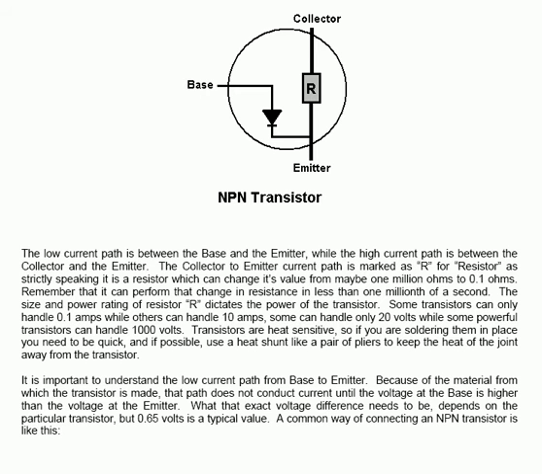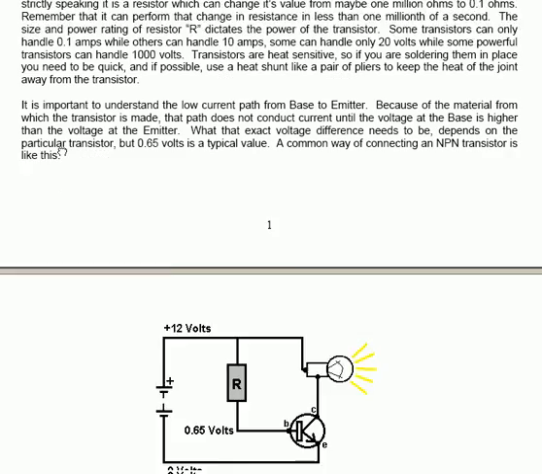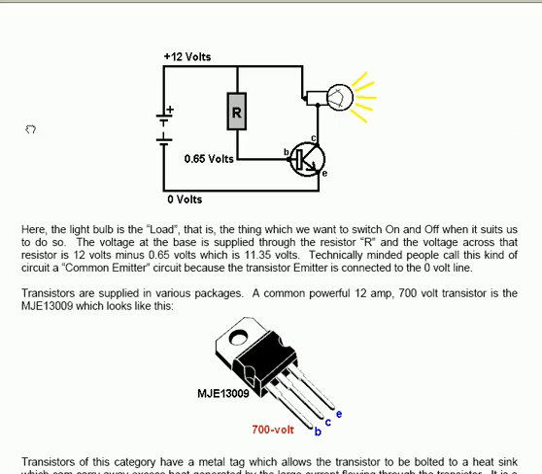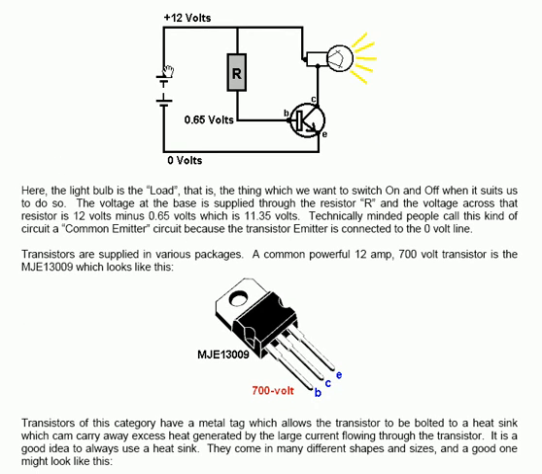A common way of connecting NPN transistors is like this. You have a power supply, which is shown as a battery here, giving 12 volts and 0 volts. The 12 volts runs through a load, which is in actual fact a light bulb, down through the collector, and the high current path through to the emitter and back to the battery.